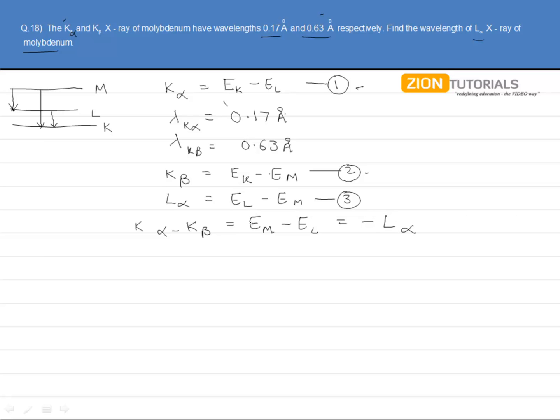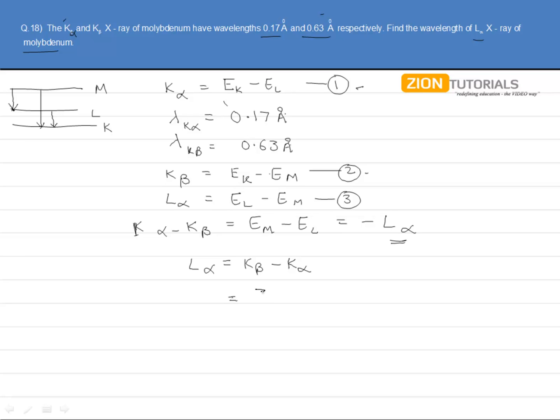The only purpose of doing this was to have the expression of L alpha in terms of other transitions, because other transition information has been given. So from here we can write L alpha is actually equal to K beta minus K alpha.